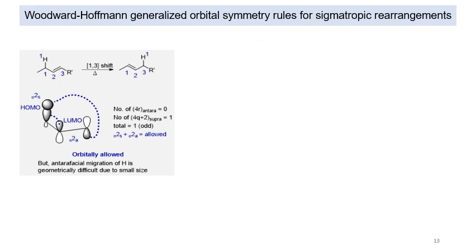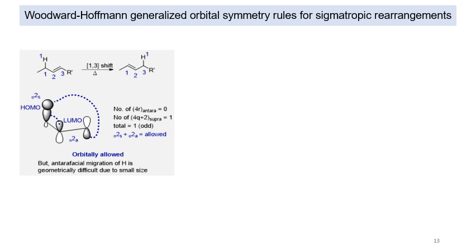What about the generalized orbital symmetry rules? Let us see for a 1,3 H shift. So we are seeing here a 1,3 antarafacial shift for the hydrogen. It is orbitally allowed but geometrically not allowed. It is disfavored because the small size of hydrogen does not allow the overlap.